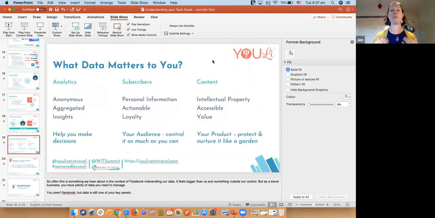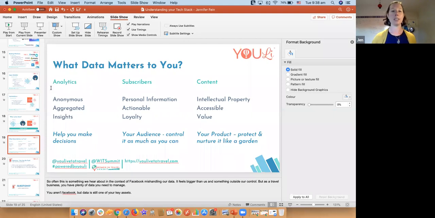One of the things that I find really helpful is, instead of thinking of data as a big concept, think about it in 3 different categories. Think about analytics, and this is your data that tells you things like, how many page hits am I getting? What countries are they from? What devices are they on? How long does it take between when they look at the page and when they actually make a booking?